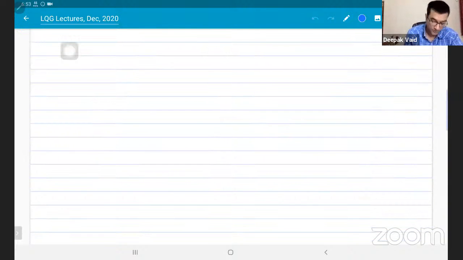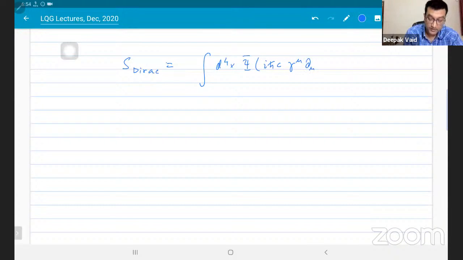So let me show you what happens to the action, the Dirac action, as an example. The Dirac action can be written as something like this: d4x, then the Dirac conjugate psi bar, then i h bar c. We need not worry too much about these factors of c and h bar, but I'm putting them there anyway.